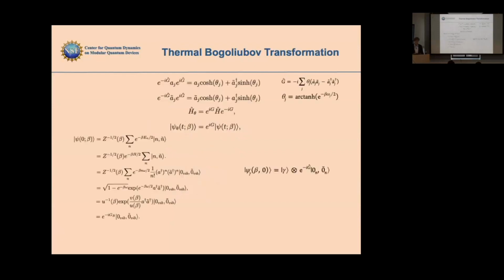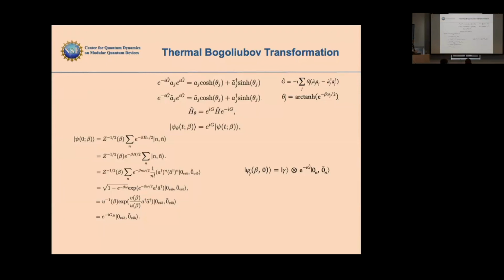The particular one that we use in this case is the thermal Bogoliubov, where we rotate a and a tilde. This a tilde corresponds to the fictitious degrees of freedom, according to the same kind of similarity transformation.